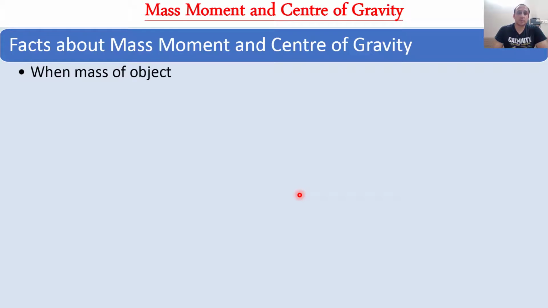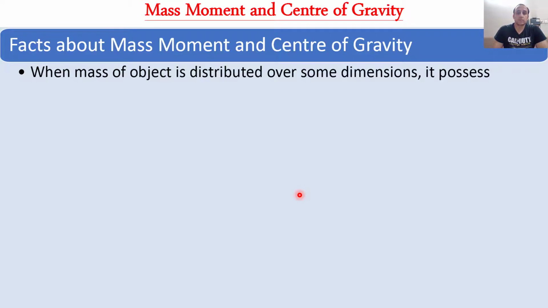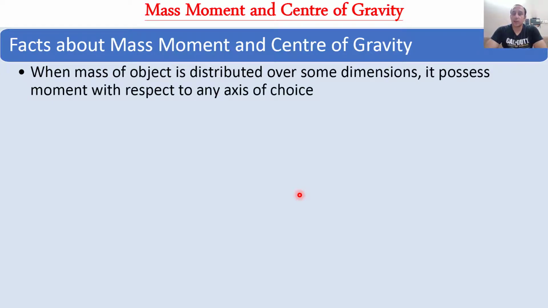So what is mass moment? When the mass of an object is distributed over some dimensions, it possesses a moment with respect to any axis of choice. Because of the mass of the object, it will try to rotate around an axis depending upon the situation.